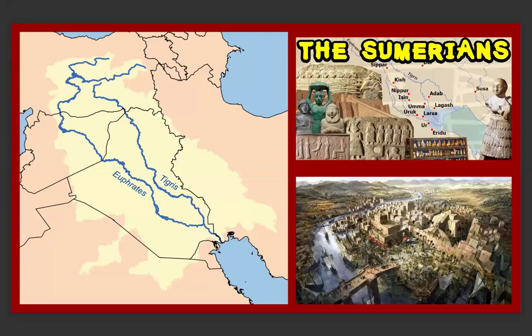So Adam Smith is talking about that fact. You have all the cities here, Uruk, et cetera, the first main cities, in between these two rivers. Today, this is modern Iraq, right? So you see here what it would look like more or less in ancient days.